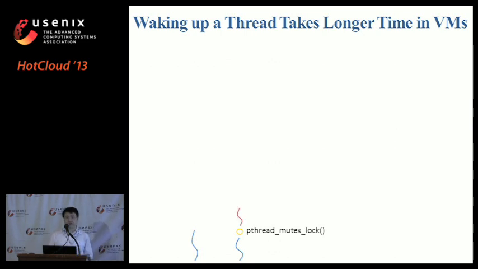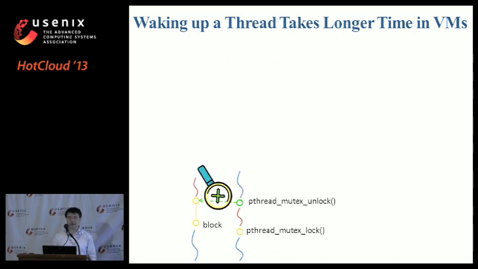Before it finishes the critical section, the other thread calls pthread_mutex_lock to get the lock. But because the lock is already held, this thread must be blocked. When the thread holding the lock finishes its computation in the critical section, it calls pthread_mutex_unlock to release the lock. So pthread_mutex_unlock will wake up the thread blocked in pthread_mutex_lock.